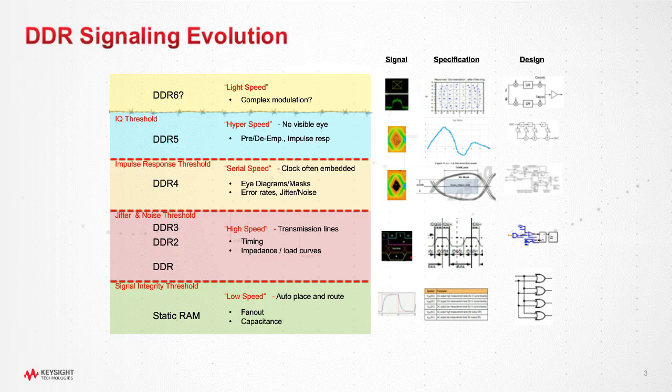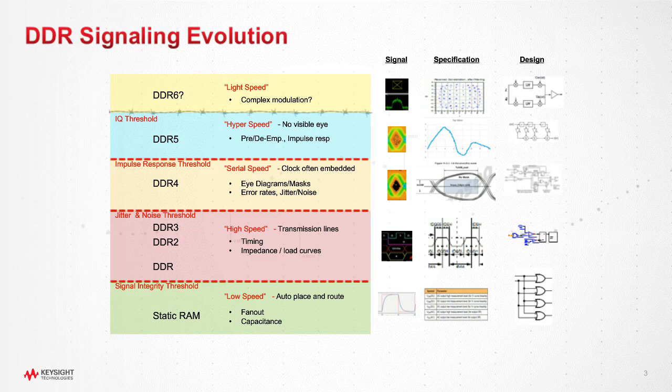Now, nobody really knows what's going to come next, but it's quite possible that at some point, even the techniques used to open eyes up, with equalization and preemphasis, will not be enough, and we'll have to go out and borrow from a broader domain, perhaps from data communications, using things like what are called complex modulation, and you get into whole new concepts.